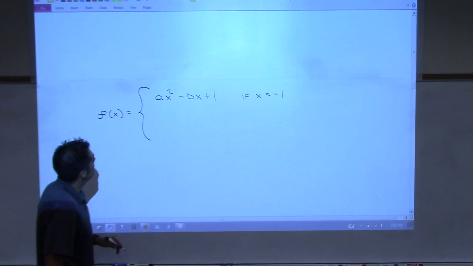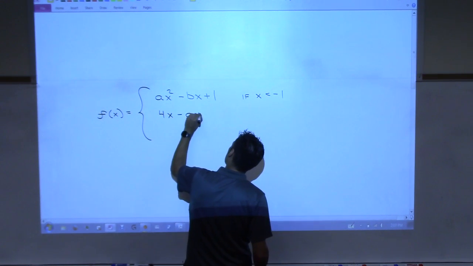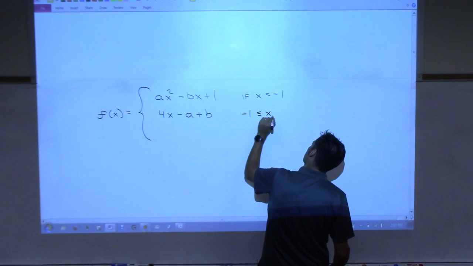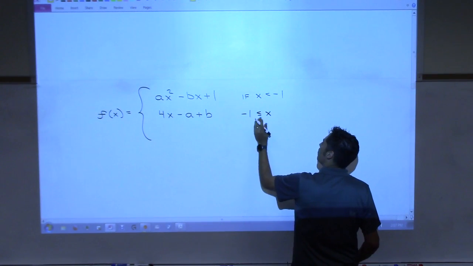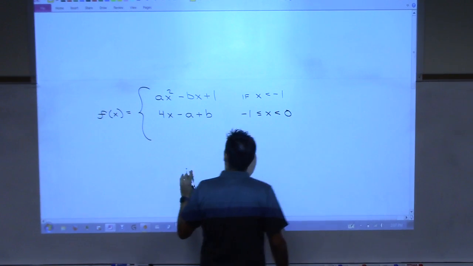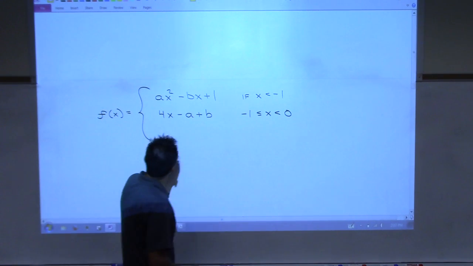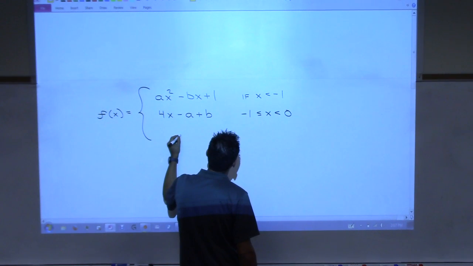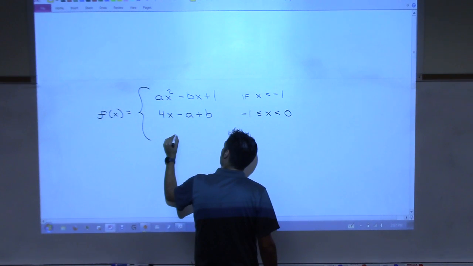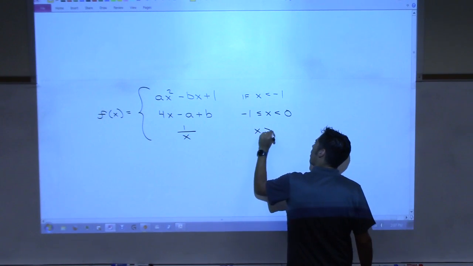Let's say we have 4x minus a plus b if -1 is less than or equal to x, less than 0. And one over x if x is greater than 0.